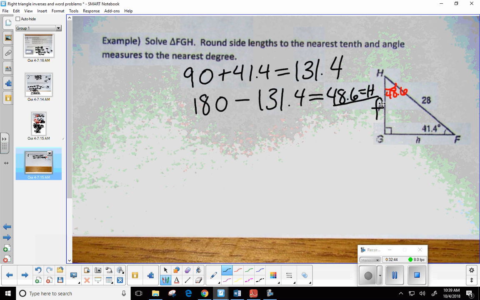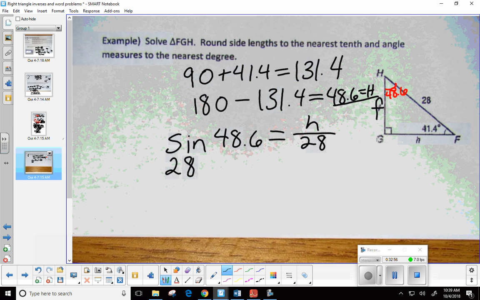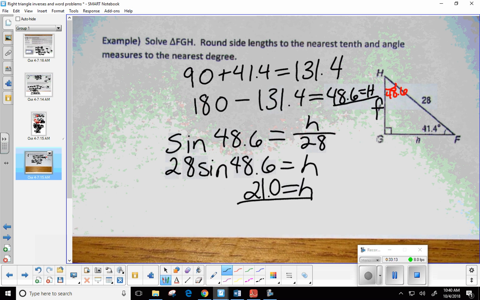Because we have the sine of 48.6, and then the opposite is going to be that h, and that's over 28, so we can multiply that 28 over. 28 sine of 48.6 equals h. And what does h equal? 21.0. Nice.